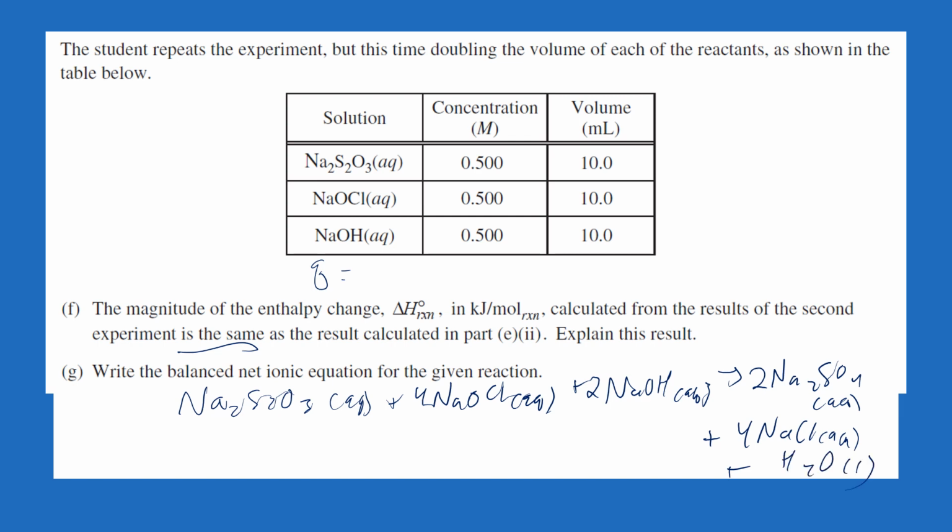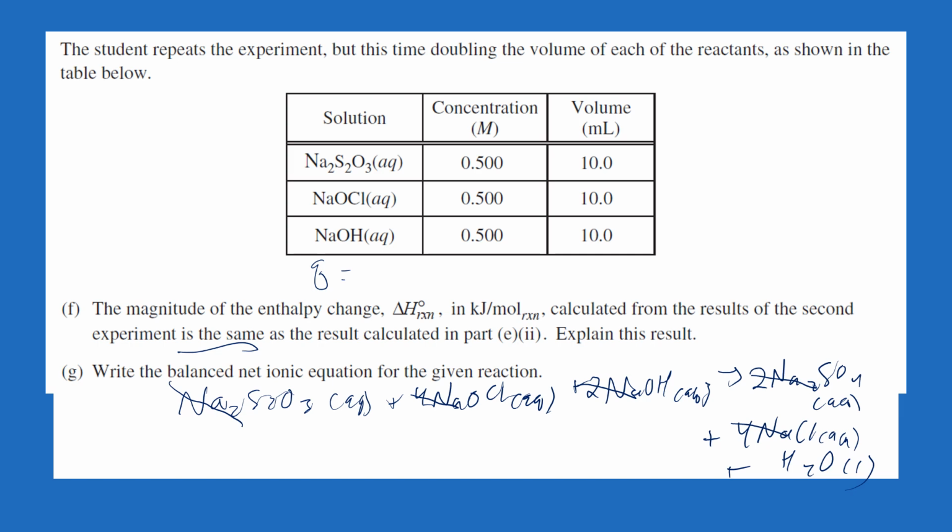Okay, so anything that winds up being aqueous on both sides winds up being a spectator ion. So let's see, it looks like our sodium ions, and we've got a lot of them, so we have 8 sodium ions on either side. So all of those sodium ions are all aqueous, like that. But it looks like everything else changes partners, so they're not going to be the same.